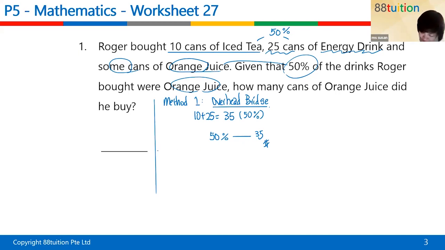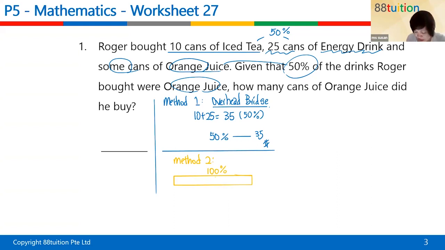So then method number 2, I try to introduce you to method number 2. You say, why do they give you the answer, then ask you to find? Because they are actually trying to tell you that 50-50 is called half-half in this aspect. Let's take a look at this. Imagine that I have so many of them, 100%. When this is 100%, what I know is 50% is half of it. So can I say this is 50%, and this is also 50%?